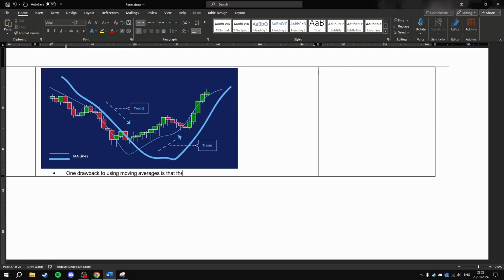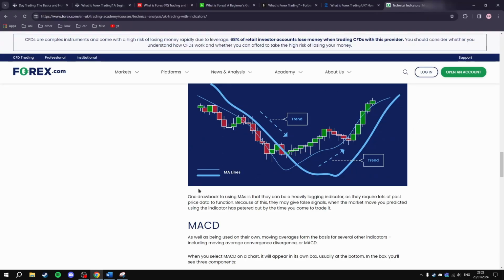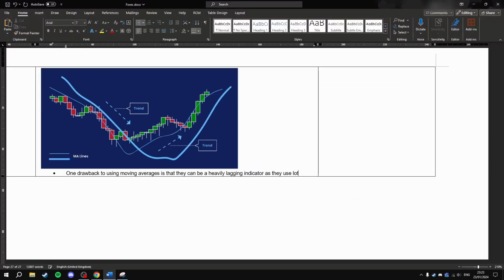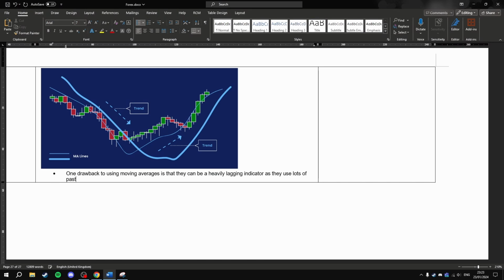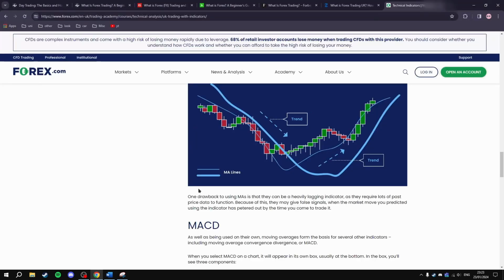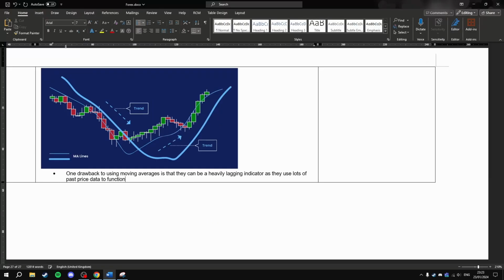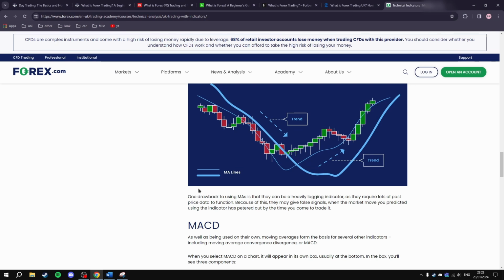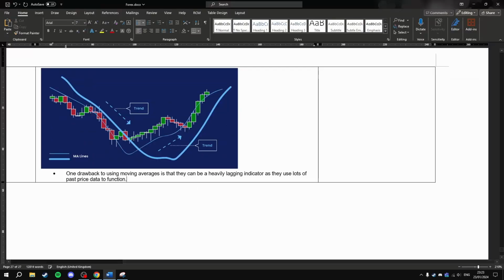Because of this, they may give false signals when the market move you predicted using the indicators has petered out by the time you come to trade it.